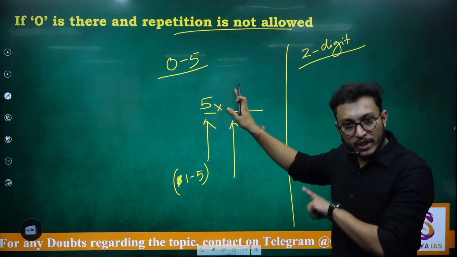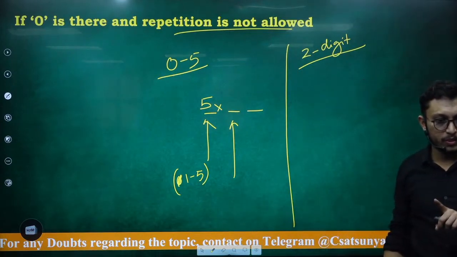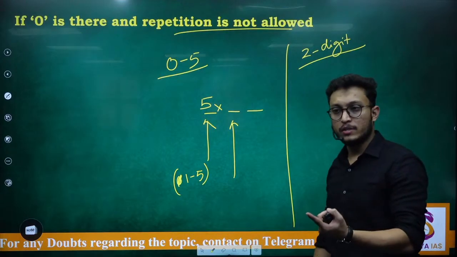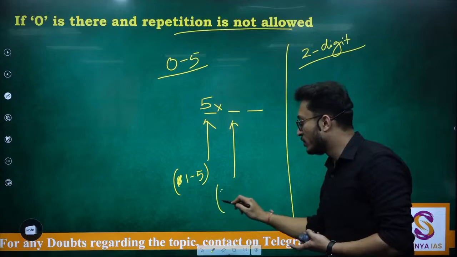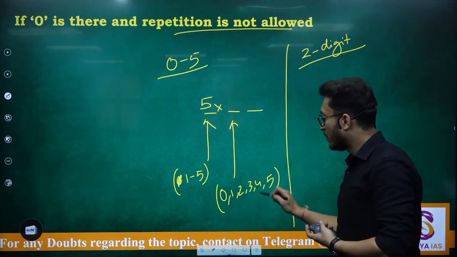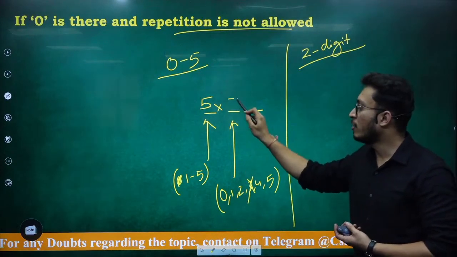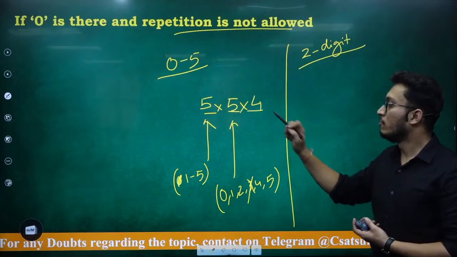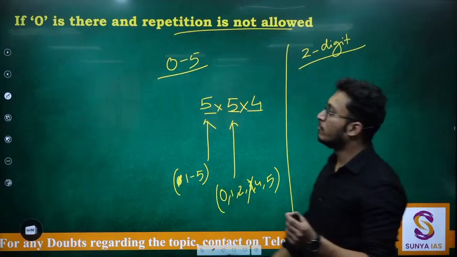Now I cannot repeat that digit, so I don't have that particular digit available with me, but I have an extra 0 available. I can fill 0 here. So I have 0, 1, 2, 3, 4, 5. Let's say I filled a 3 there. I cannot fill a 3 here now, so I have 5 options and then I have 4 options. Is this clear? Always be careful.